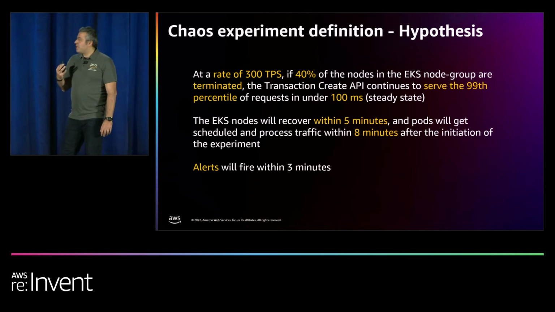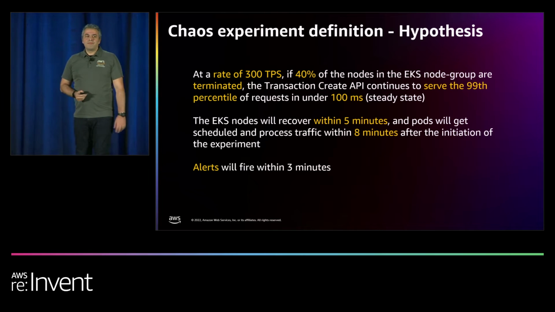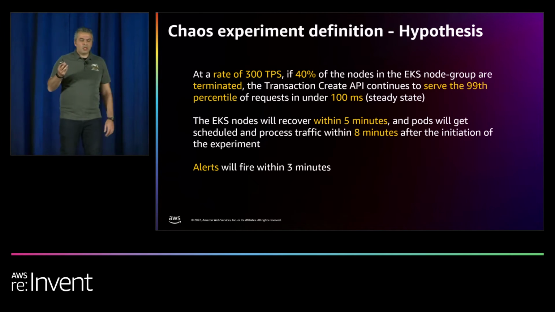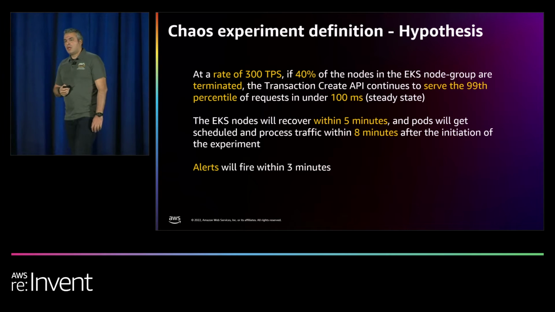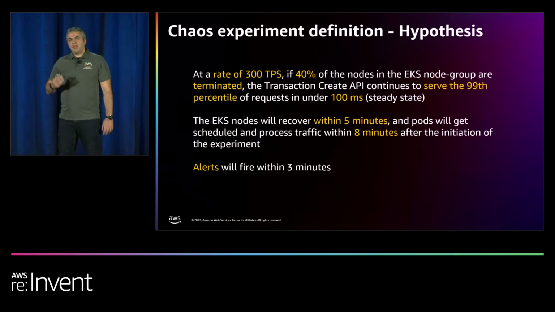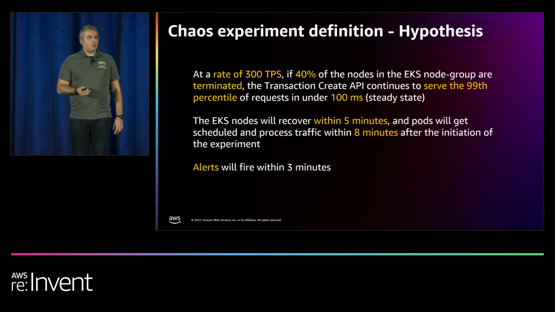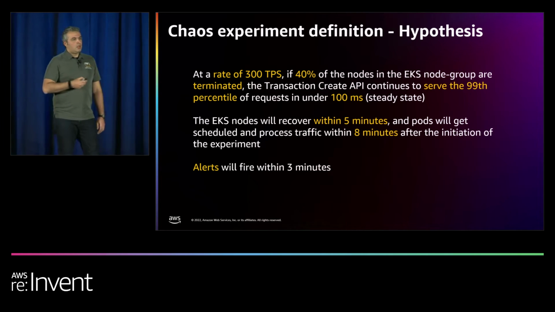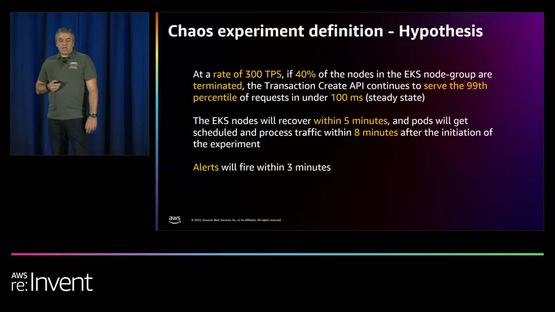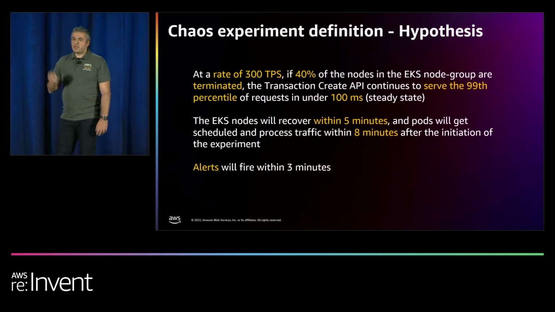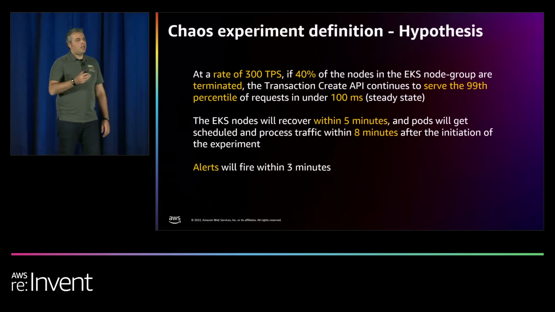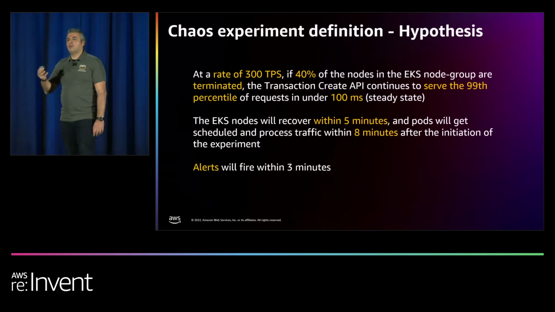And so the importance here is, as you see, we're saying we're expecting a transaction rate of 300 transactions per second. And we think that even if 40% of our nodes fail within our environment, still 99% of all requests to our APIs should be successful, so the 99th percentile, and return a response within 100 milliseconds.